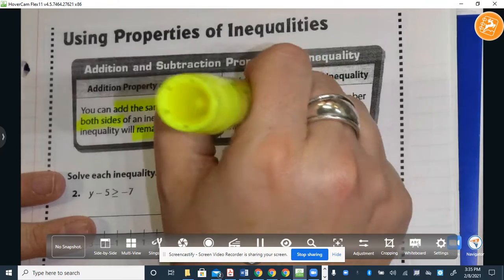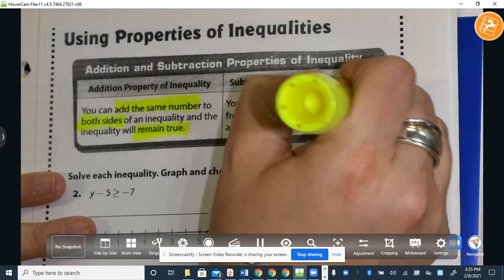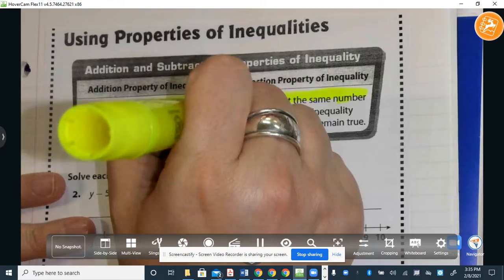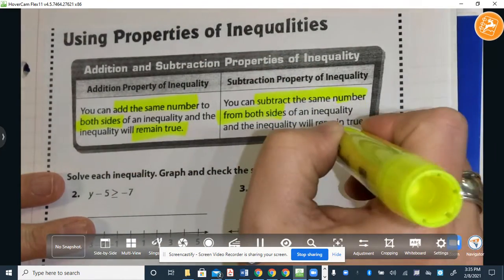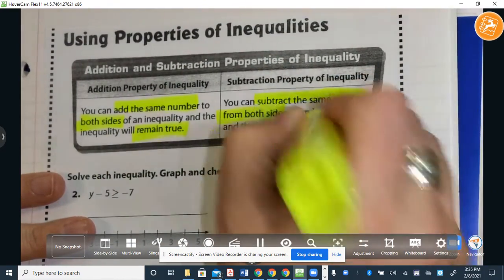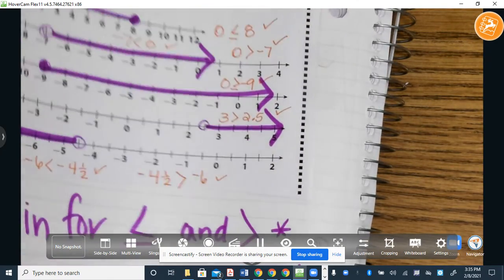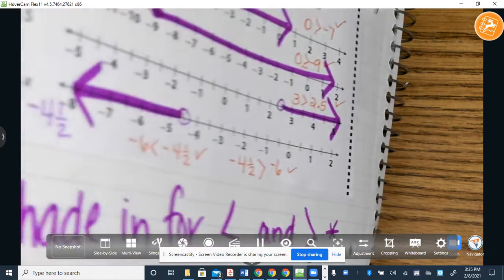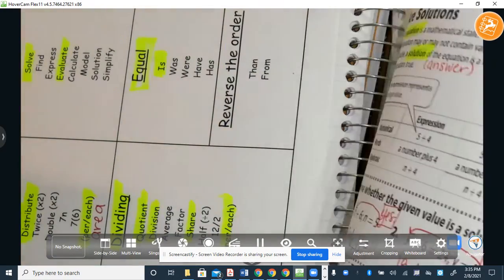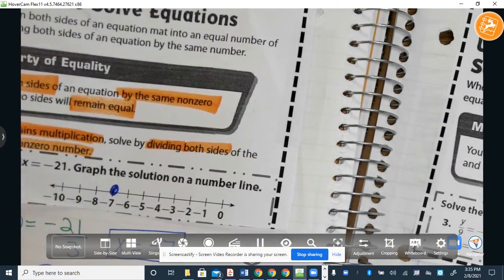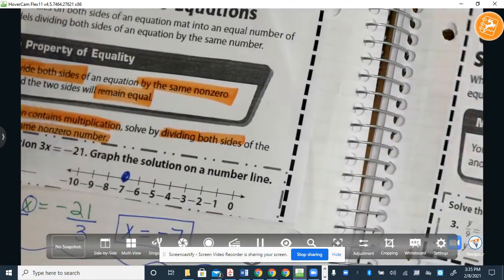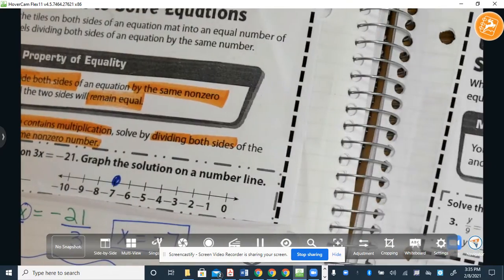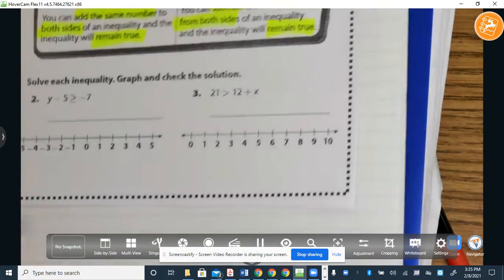You can subtract the same number from both sides, and the inequality will remain true. That sounds familiar, because if we go back a couple of units to 12.2 and 12.3, that was the same as our addition property.